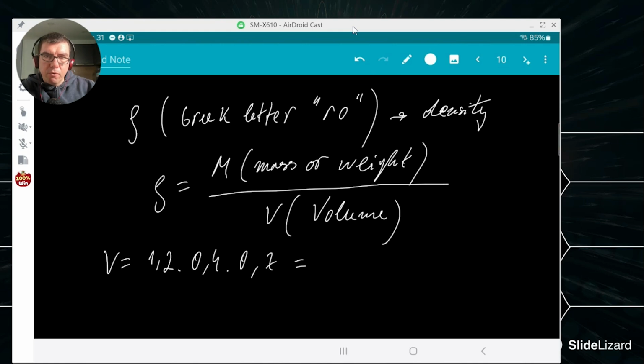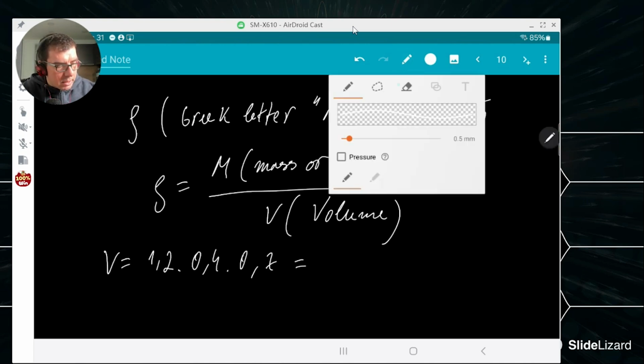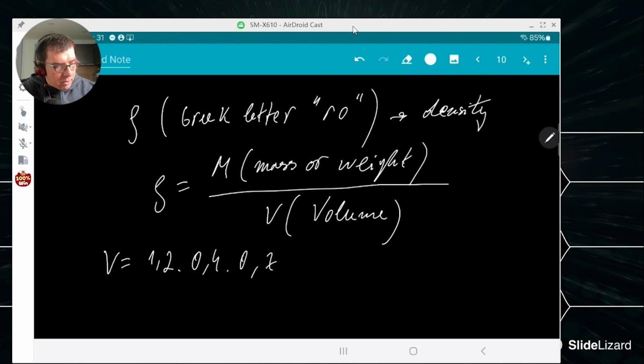But if we are going from cubic to cubic, we multiply by 100 cubed, right? And 100 cubed means 1 million. So we have to multiply this by 1 million to get to centimeters cubed.